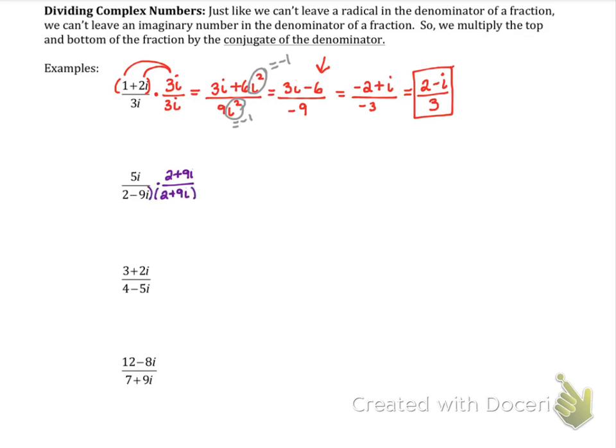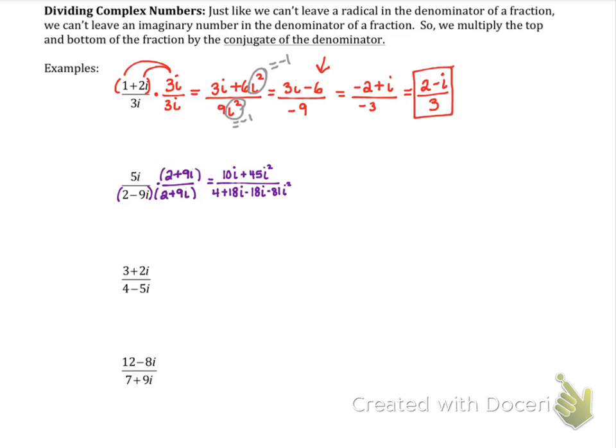I'm going to put parentheses on everything. And then I'm going to distribute the numerator and the denominator. So I get 10i plus 45i squared all over 4 plus 18i minus 18i minus 81i squared.